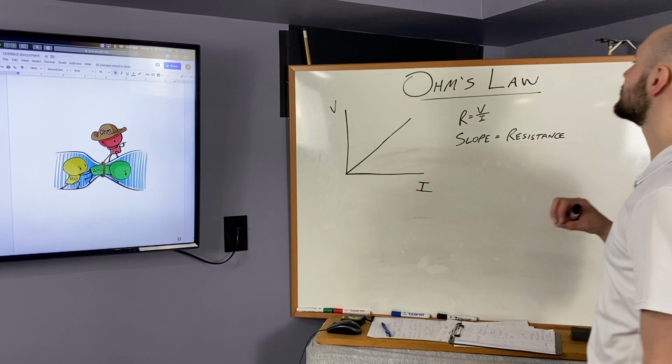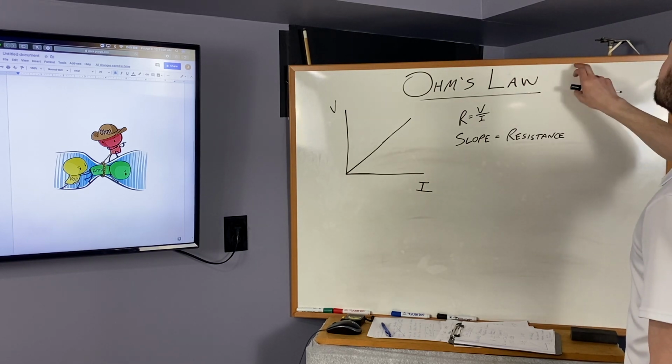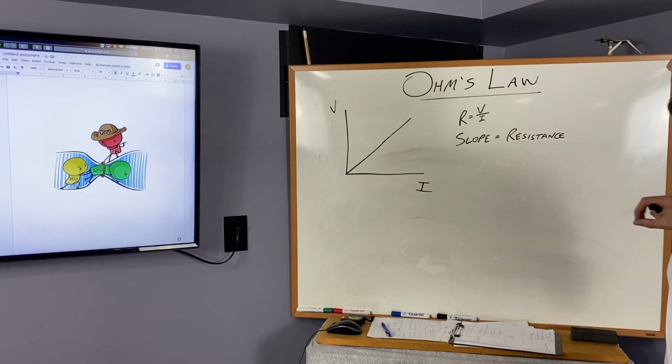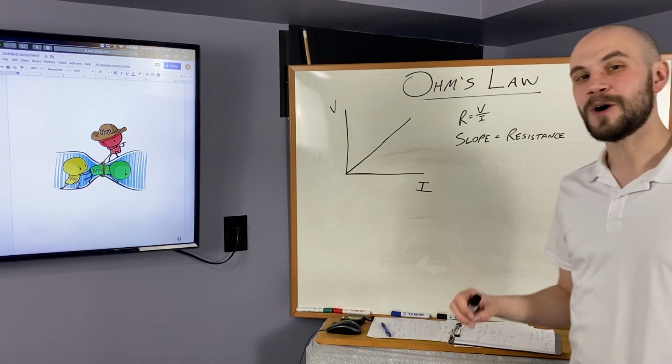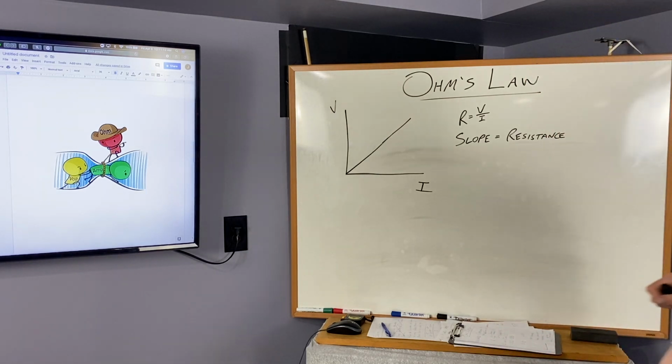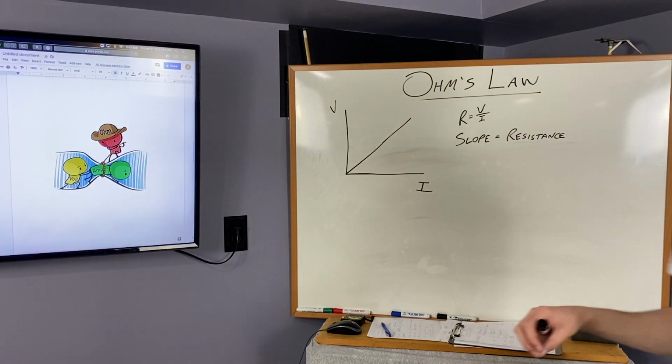Now, I have a little secret to tell you. Ohm's law, even though it's called Ohm's law, not a great name because Ohm's law doesn't always hold for all electrical devices. Ohm's law holds for devices like resistors.